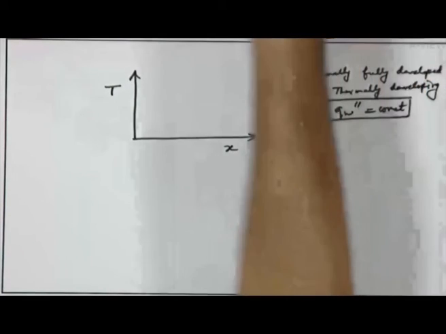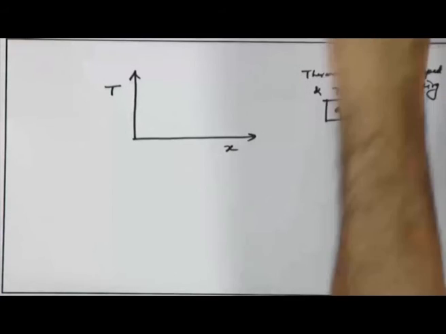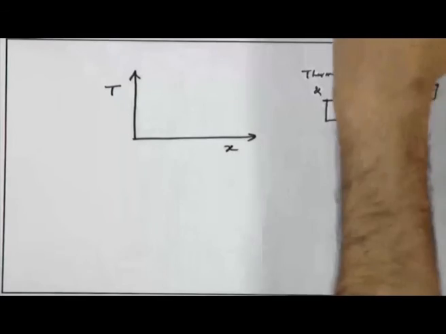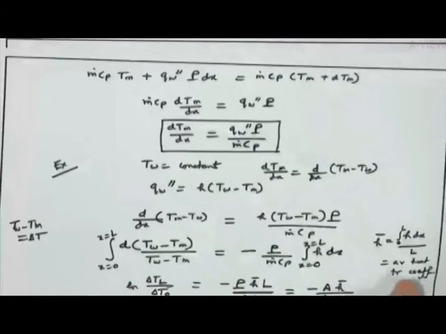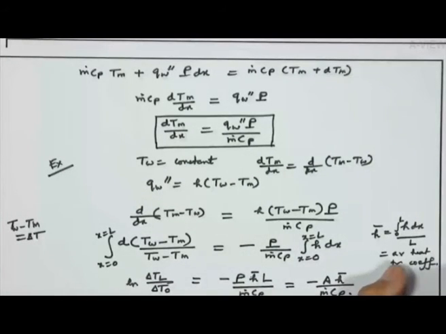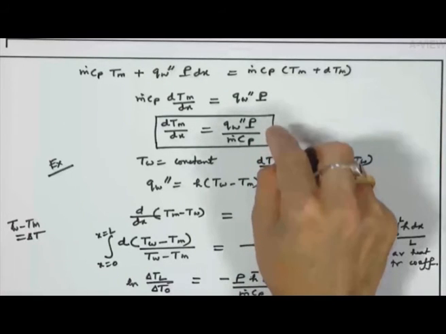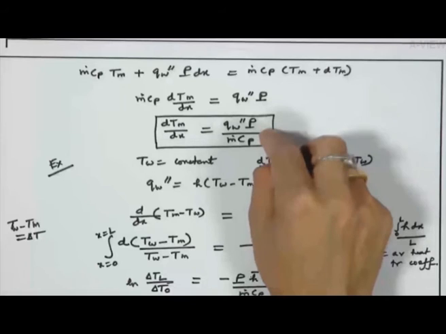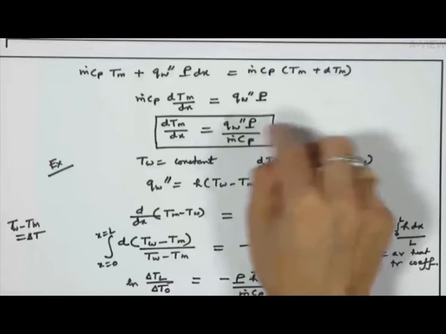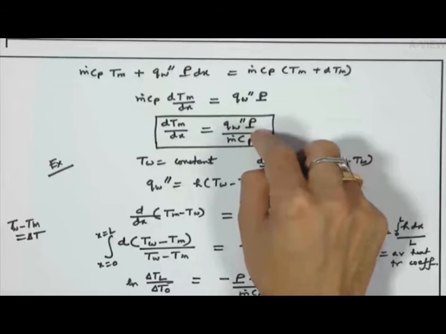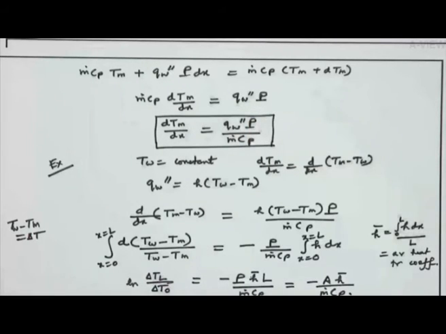So let us bring out that page where we had written the energy balance. Yes, see this page, see this equation. Now, can you tell whether this equation depends on whether it is constant wall heat flux or not? This equation does not depend on that. It only depends on one very important assumption.